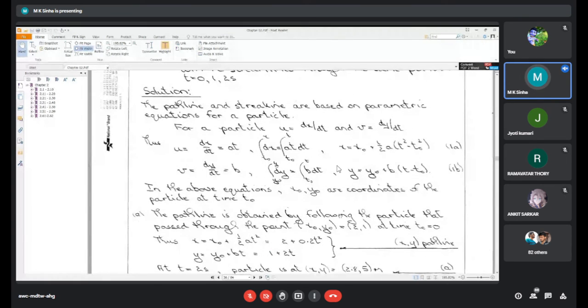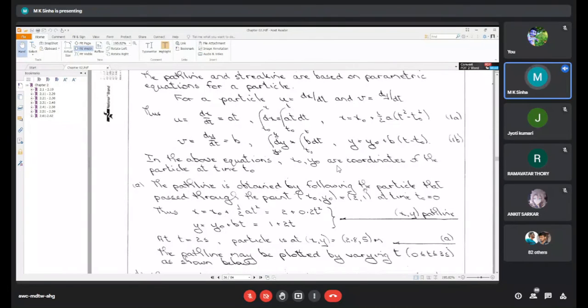So x0, y0 is the coordinate of the particle at time t0. So the path line can be plotted for the particle passing through the point x0, y0, which is nothing but 2, 1.